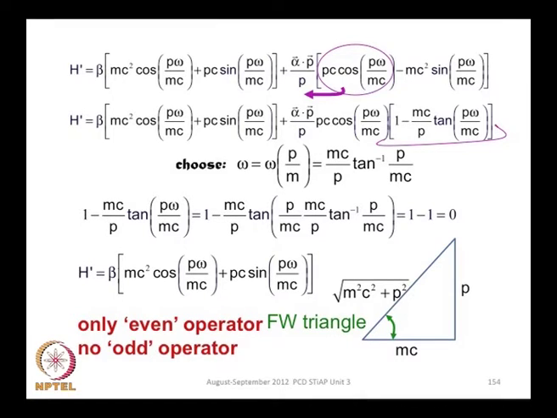So the choice allows us, and this is sometimes called the Foldy-Wouthuysen triangle, because you will see that this is almost like root of m square c square plus p square.